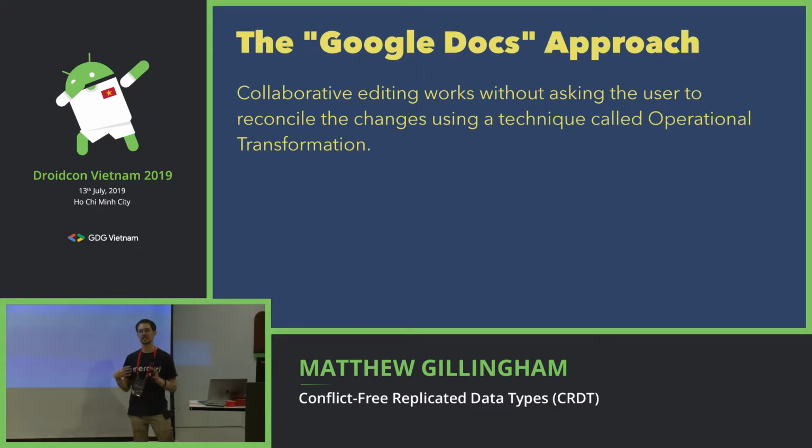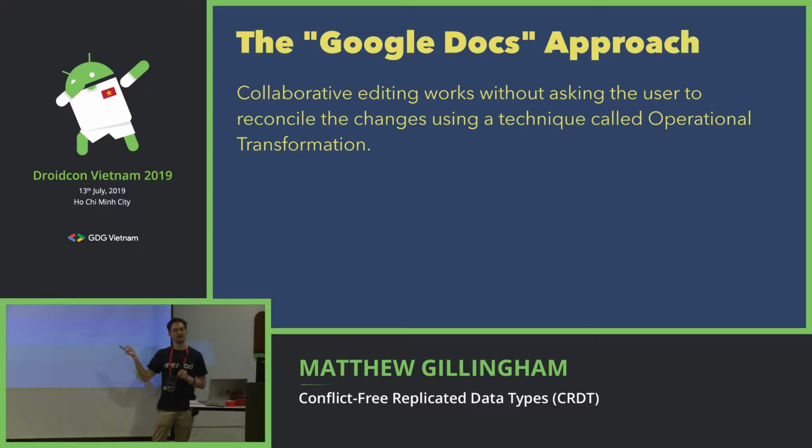Essentially, operational transformation is a technique where, if someone edits something, you have this thing up here that figures out what those two changes are and actually manipulates the operations and sends them to the other side. It's a fascinating topic, but it is pretty complicated to implement.